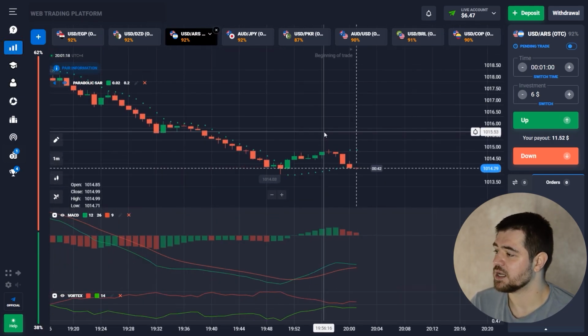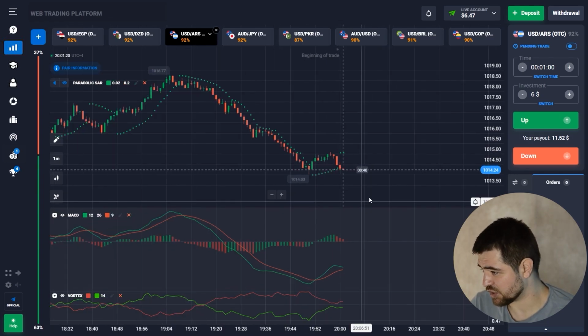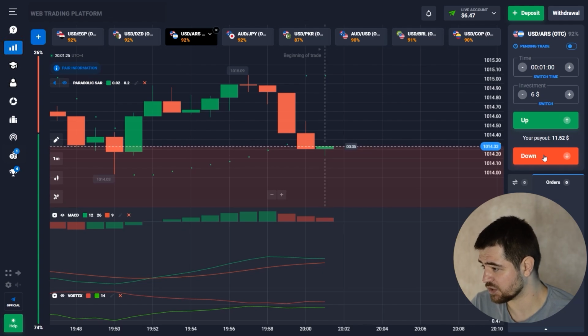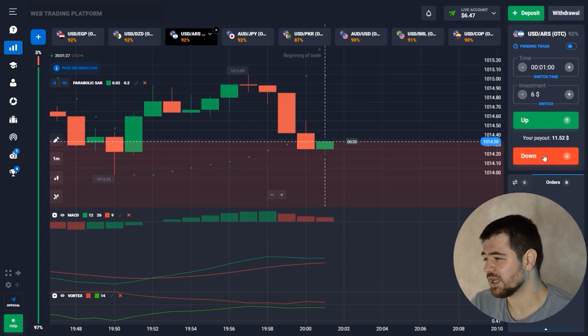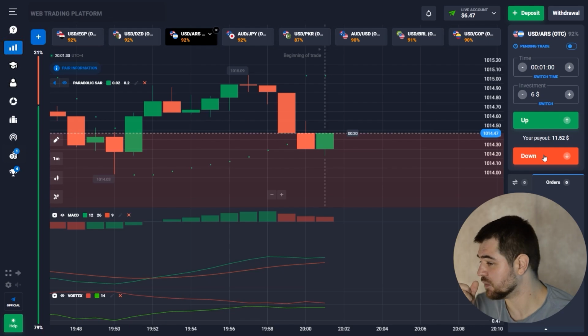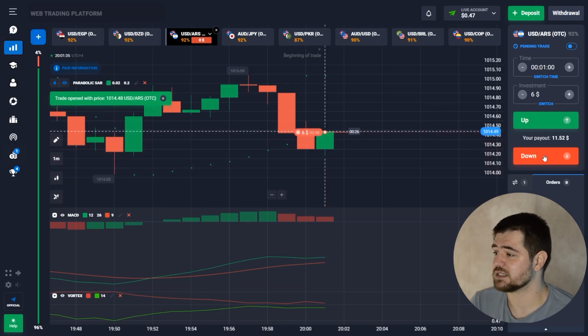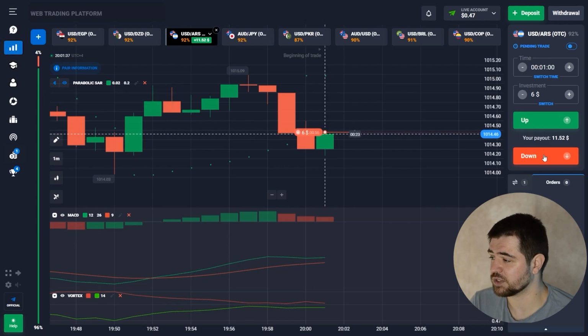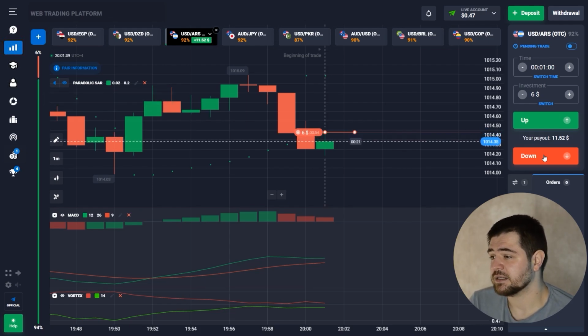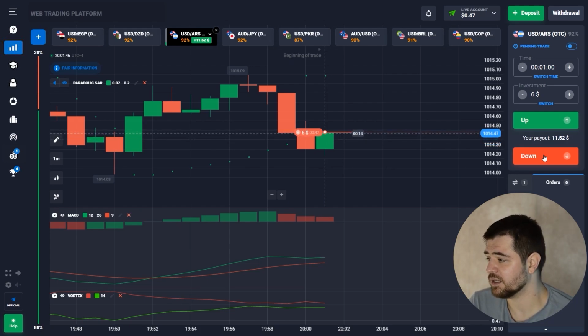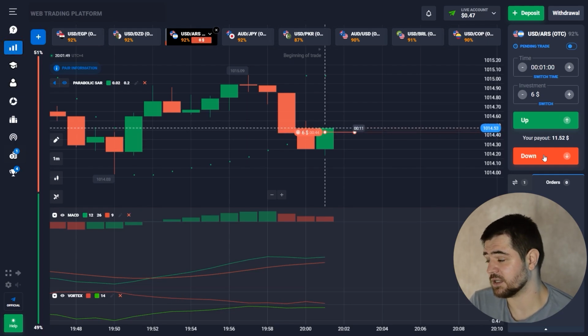So how about here? This is not a bad situation. As you can see, the Vortex is showing that we still have the trend on the bearish side. Let's make that option a put option, and the Parabolic SAR is also indicating that the price is going to go down.